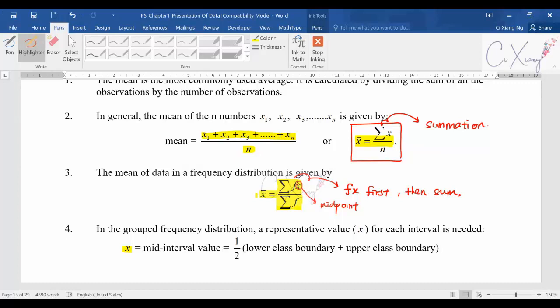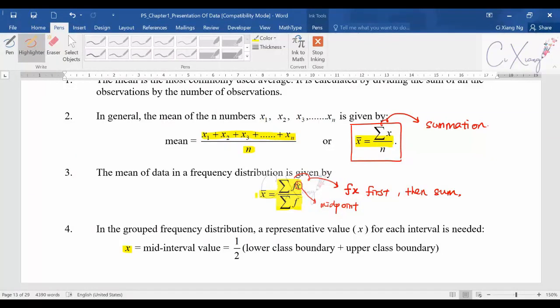Or maybe they will combine the frequency distribution table, the cumulative frequency table, with the mean. So it makes the question a bit more challenging, and usually it will not be a very straightforward type of question.